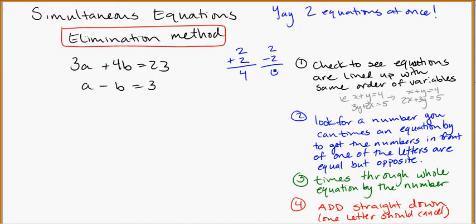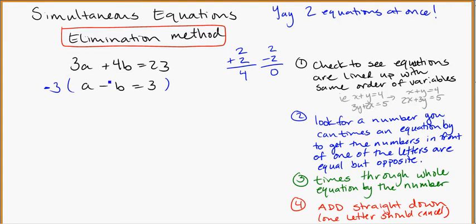So, if I take a look at this, I might notice that if I times this bottom equation by 3, times the whole thing by 3, I'll get a positive 3 on top and a positive 3 on bottom. But I need to have the opposite sign there, so I'm going to actually times it by a negative 3. So what happens when I times everything inside there by a negative 3?